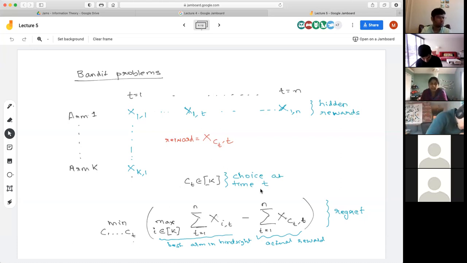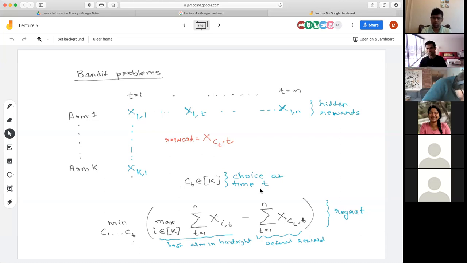But you can replace this one arm by multiple ways of measuring some kind of low complexity strategies, that maybe you switch between 2 arms, maybe you switch between 10 arms, maybe it's a tree structure. So there are many different ways of modeling what it means to use the hindsight, but only in some low complexity way.